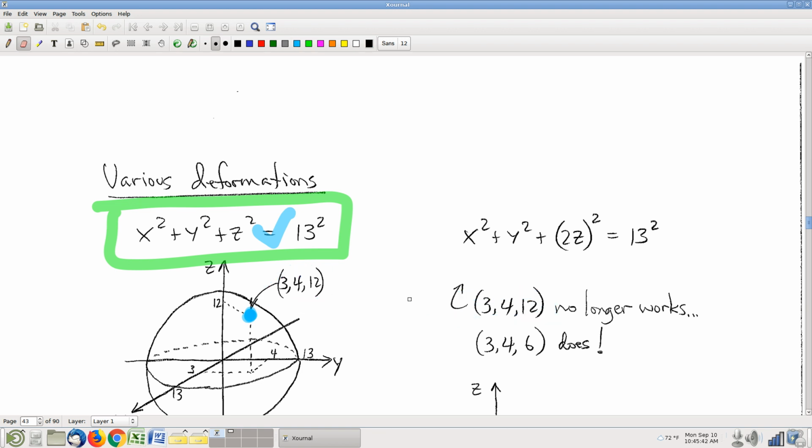But let's try to break down a little bit more specifically why it doesn't work. It doesn't work because this 3 that got squared, well, that's still happening. This 4 that got squared, well, that's still happening. But wait a minute. Now, this 12 that had been being squared is not being squared anymore. It's being multiplied by 2 first and then squared.